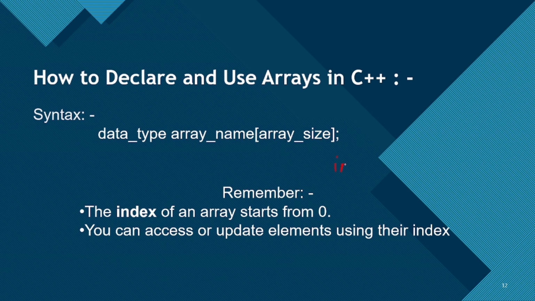Like we are taking integer, let's take array, and size of 10. So this is the basic representation of an array. And remember, the index of an array starts from 0 and not from 1. And the second one is, you can access or update elements using their indexes.